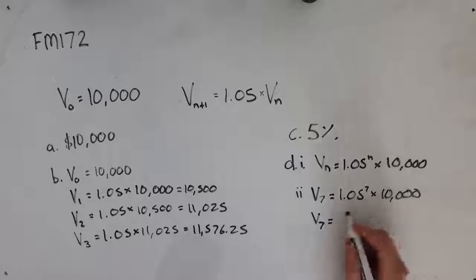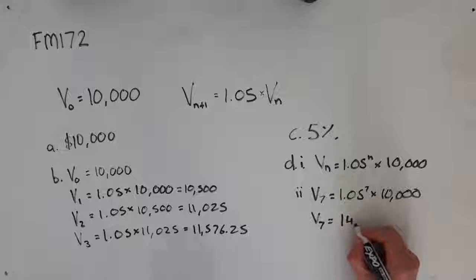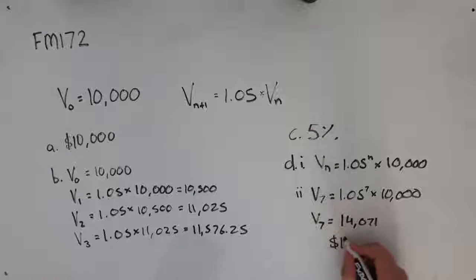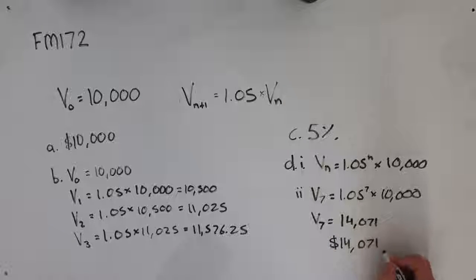If you plug this into a calculator, 1.05 to the power of 7 times 10,000, you should get an answer of 14,071. So your answer should be $14,071. And we've put two decimal places here, to show to the nearest cent.